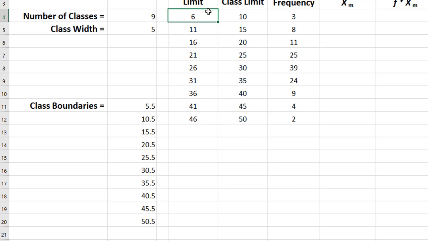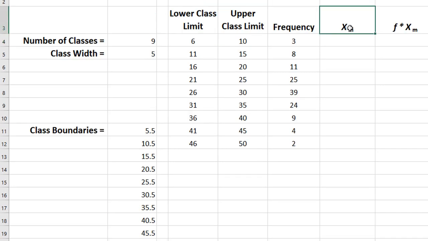The first one will just fall the same number of units away to the left, and the last the same units away to the right. In other words, this is 5.5 and this is 50.5. Half above that and half below that. So you'll be asked to list that out on some of your assignments, and it will end up being just a comma-separated list.